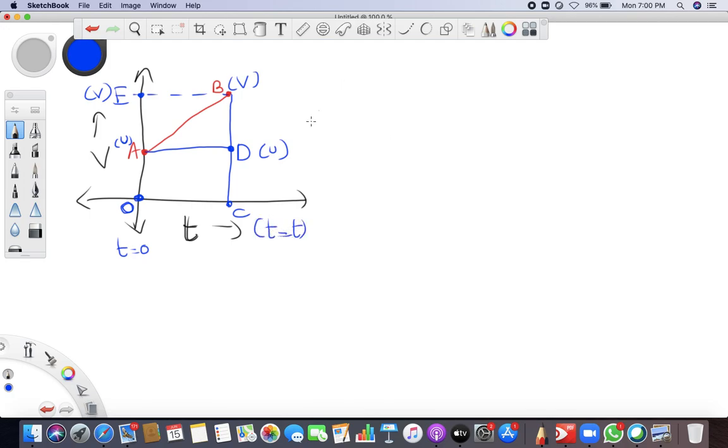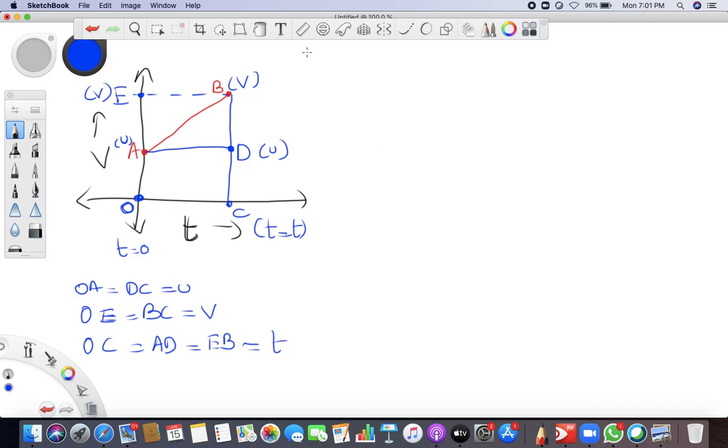Now we said let OA is equal to U, OA same as DC is equal to U. OE, that is same as BC, is equal to V, and OC, AD and EB, that is your time t.